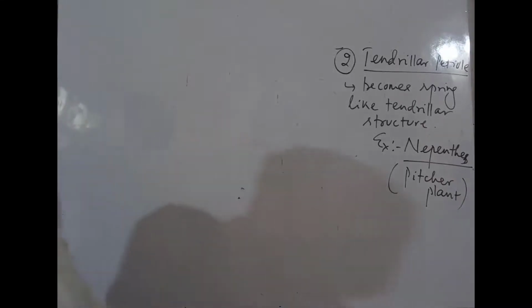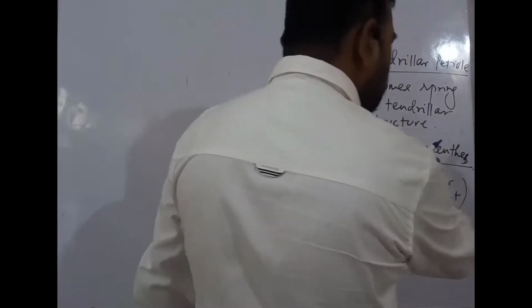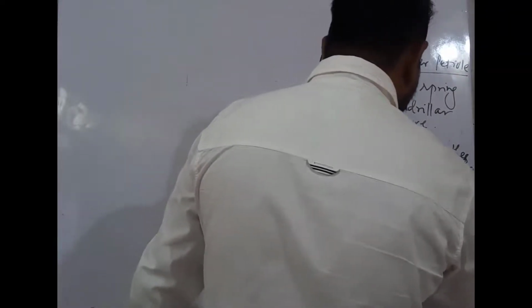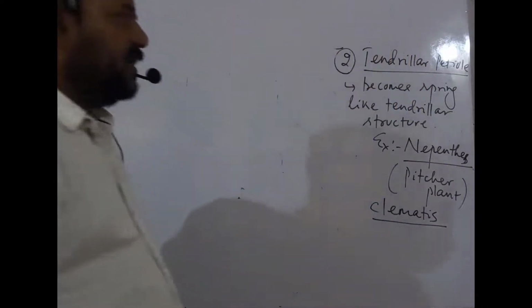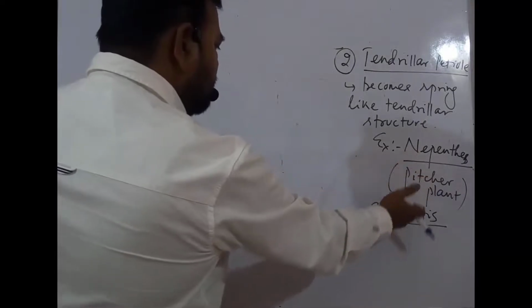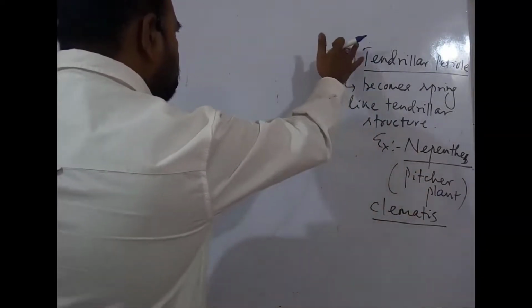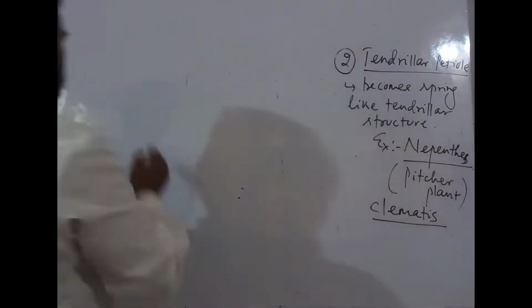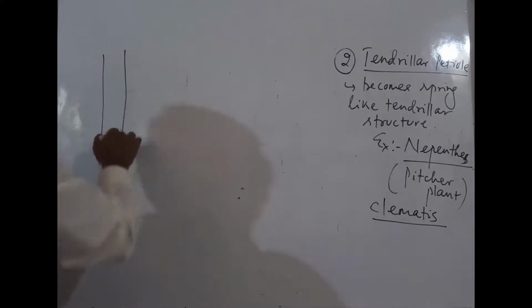Another example we can write here. This is one example, Nepenthes. Another is clematis. In the clematis plant also, like the pitcher plant, the tendrilar petiole is present. So just look here. This is the stem.